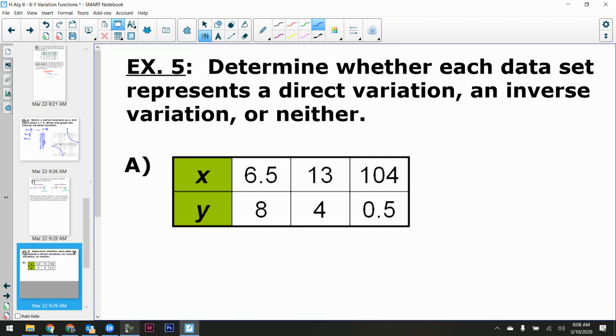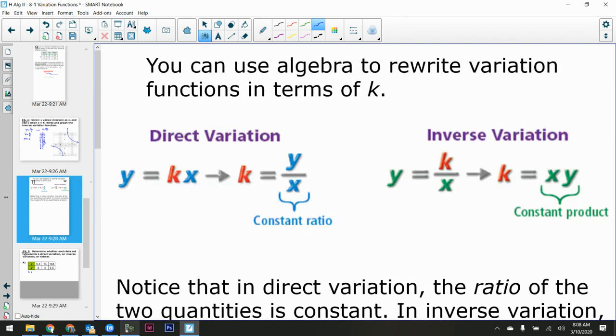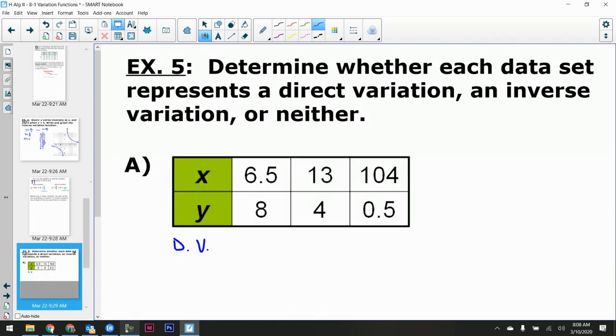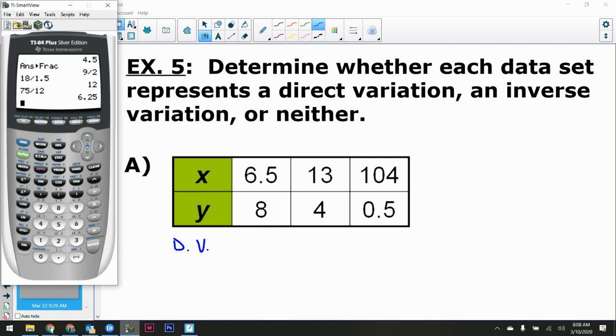All right, so let's try direct variation first. Let's see if there's a constant k value with all of my coordinates. Well, what would the k value be for a direct variation again? Y divided by x, right? Okay, so that means I've got 8 divided by 6.5.